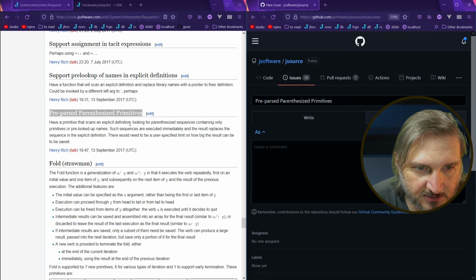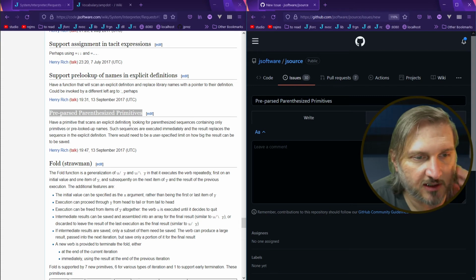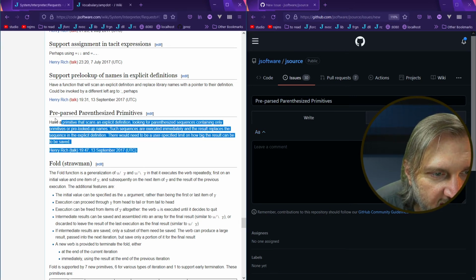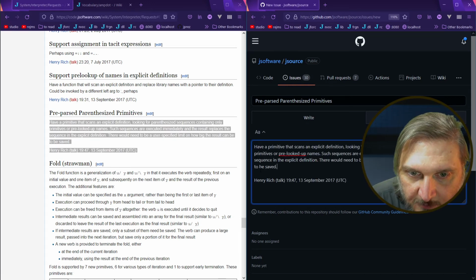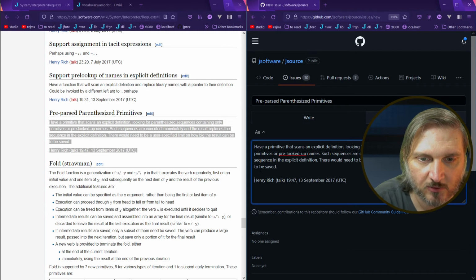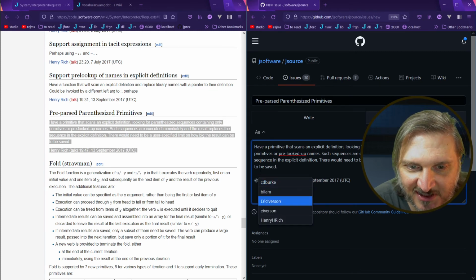Again, I hope that they did something about late binding, or to preserve late binding, because you don't want a pre-looked up name to be changed, right?